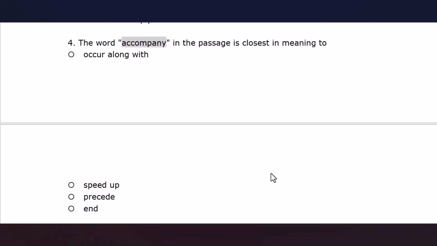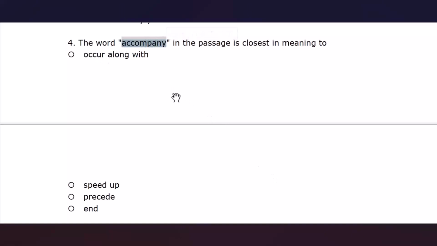And sometimes, specifically in the case of vocabulary questions, this strategy may not function because the real meaning of that word is so important. For example, here accompany.